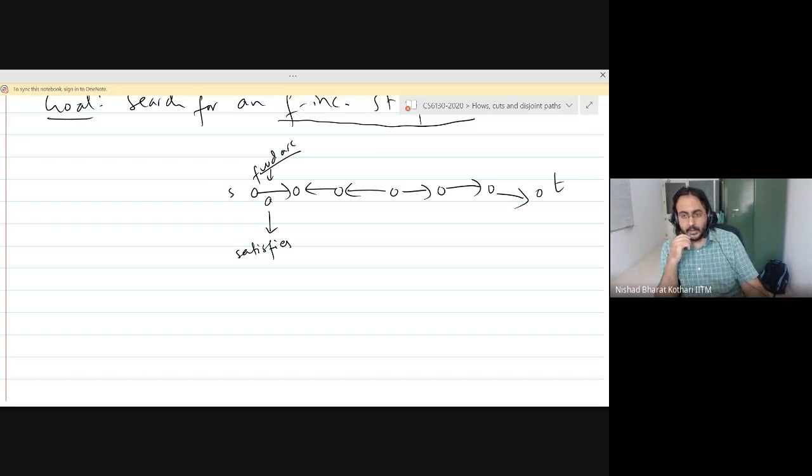What is the condition that a forward arc needs to satisfy for an st path that is f incrementing? Under what circumstances can I increase the flow? If you're not sure, you can write not sure, that's okay. Are you sure it is less than or equal to?